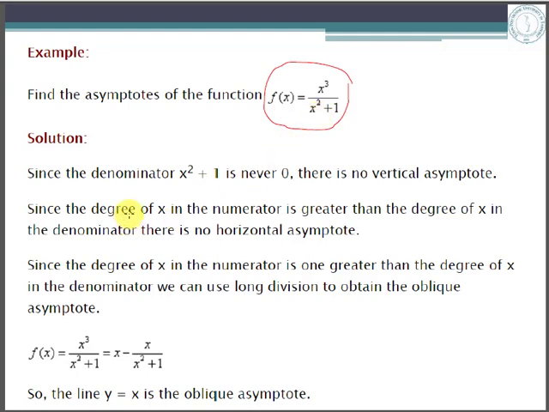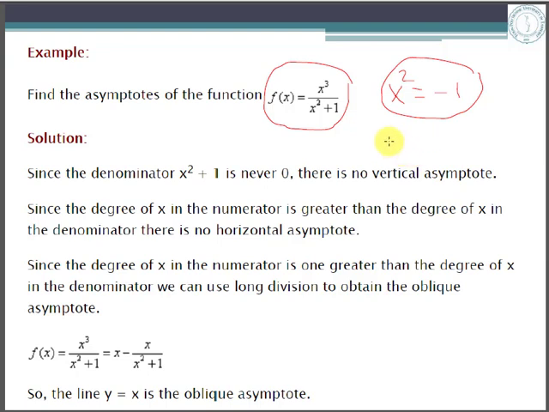Since the denominator x squared plus 1 is never 0, there is no vertical asymptote. Of course, if we set x squared equal to minus 1, we don't have any real roots here.